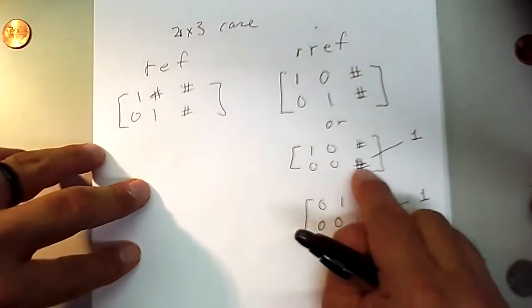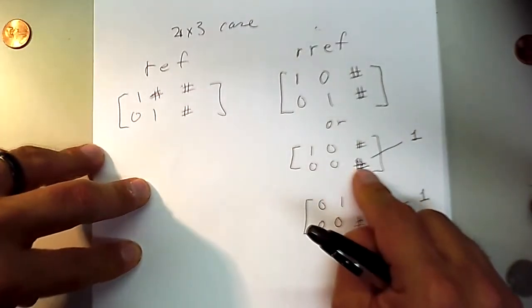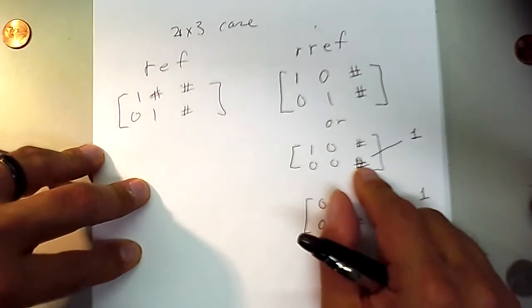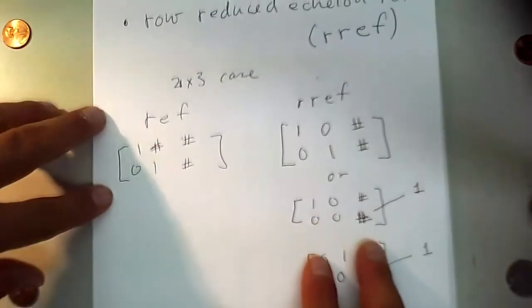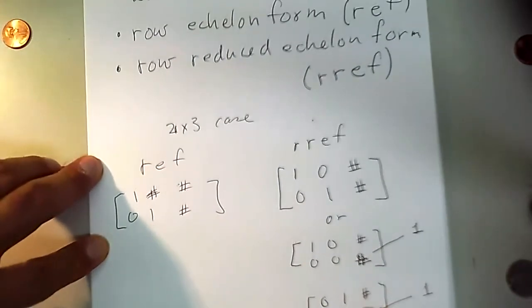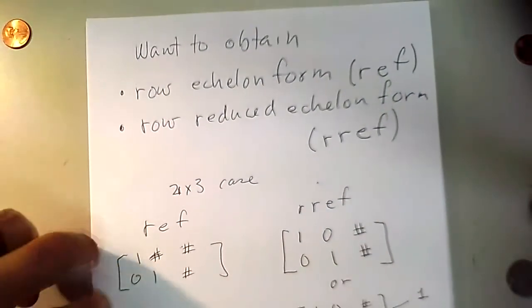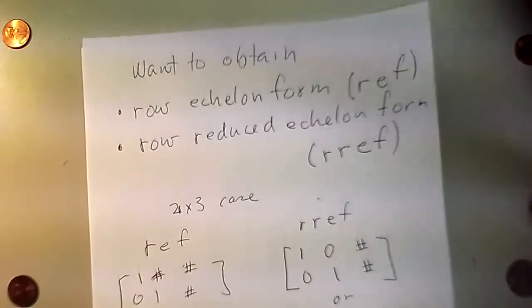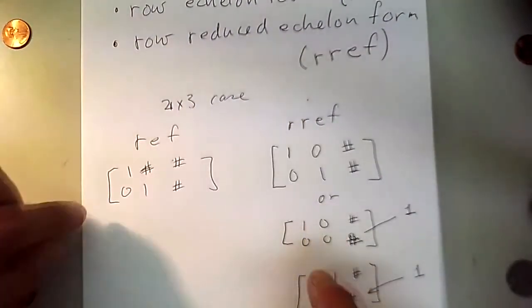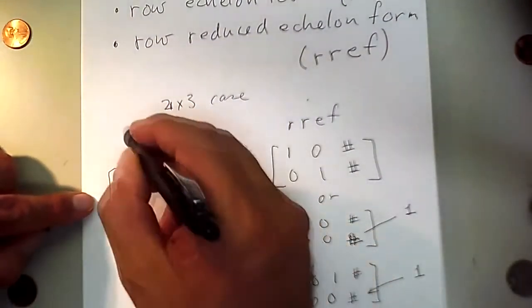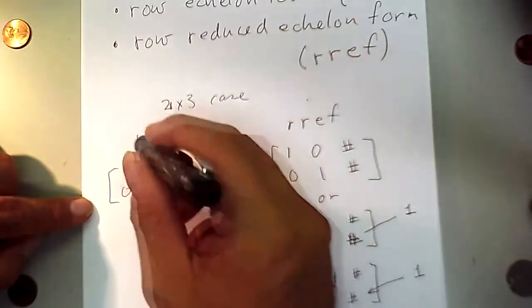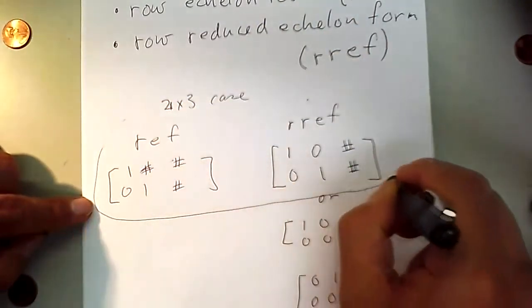If we have a row of zeros, it could be that we have an infinite number of solutions. But I'm getting too deep into the things that we can end up with too soon. Let's move on to actually getting to this. So our main goal initially is to get to one of those two cases.